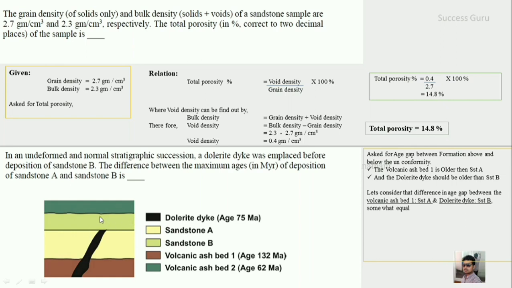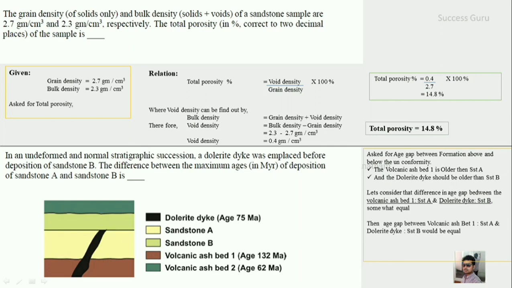So let us consider that the age difference between this volcanic ash and the sandstone will be equal to the age difference between this sandstone and this dike. If you consider like that, the age gap between this intrusion and this volcanic bed should be equal to the age gap between this sandstone and this sandstone, right?